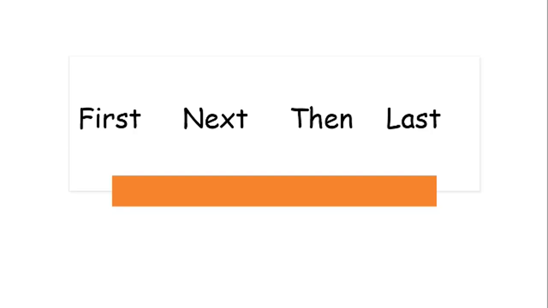So for each transition word, you're going to draw a picture. First, you're going to draw a picture of the boy sitting watching the flower. Next, you're going to draw the vase falling. Then you're going to draw the broken vase. And lastly, you're going to draw the boy cleaning up the vase. And you're going to practice your sequence or order of story. Have fun, take your time, and try to remember using your transition words.